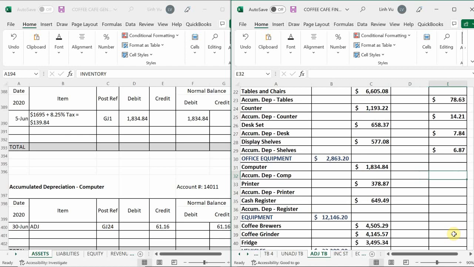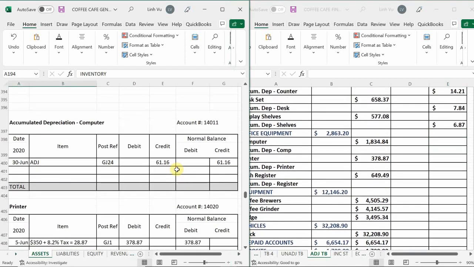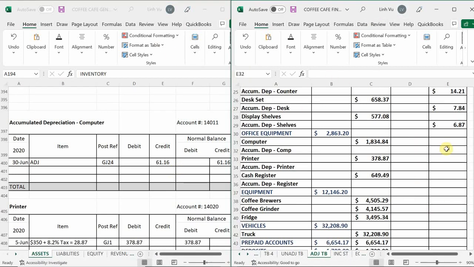Okay. So let's take a look. What was the accumulated depreciation for my computer? Right now, it's still currently at $1,834.84. And my accumulated depreciation I calculated to be $61.16 for my computer. Okay.